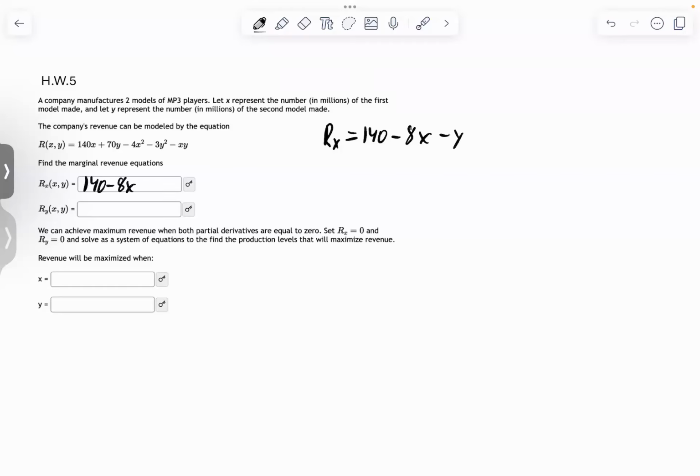And R sub y, again, 140x is gone. This is going to give me 70. Minus 4x squared is gone. Minus 6y. Derivative of xy with respect to y is just minus x.